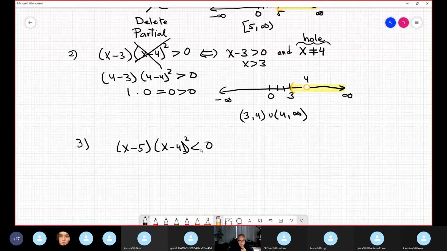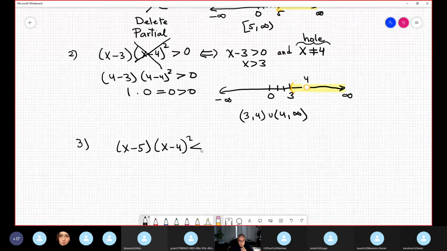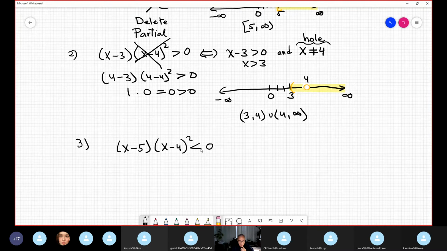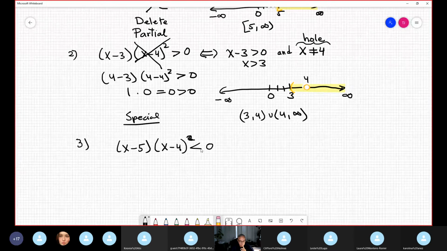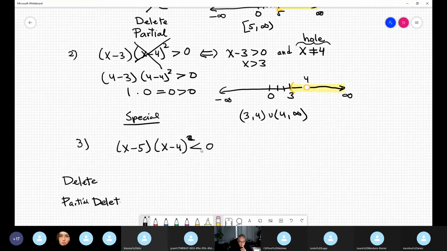Okay, I can see immediately, oh, it's special. Why is it special? Because we have a factor that contains an even exponent. But do you delete or partially delete? What do you think? Partial.